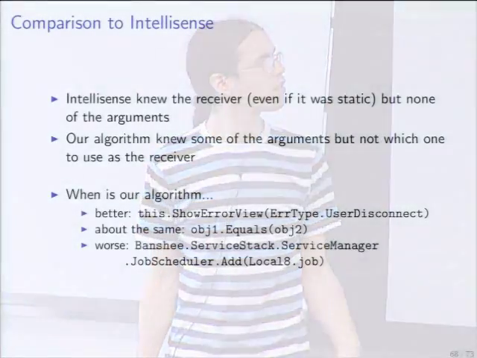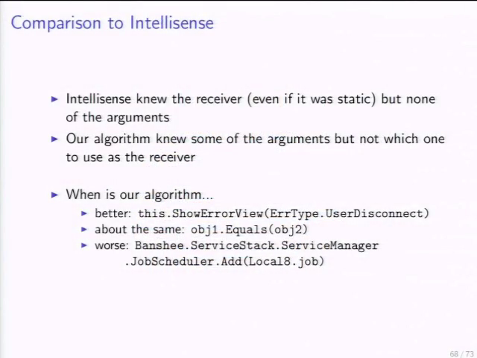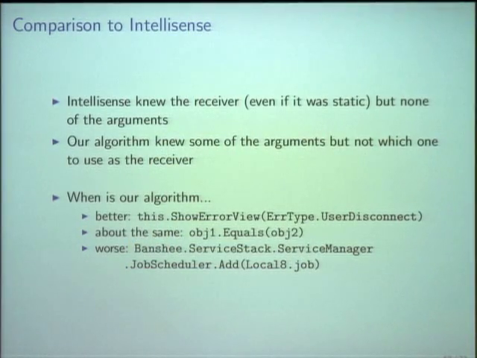Okay. So this doesn't necessarily tell you much about how useful the tool would be, since I started this talk saying that I'm going to make Intellisense better, but I haven't yet given any argument that this is actually better than Intellisense. Naturally, any comparison I make to Intellisense has to be an apples to oranges comparison because they take different inputs.